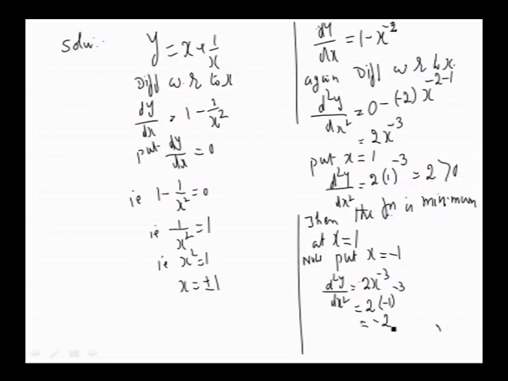So the value is minus 2, that is less than 0, otherwise you call it negative. Therefore, the function is maximum at x is equal to minus 1.